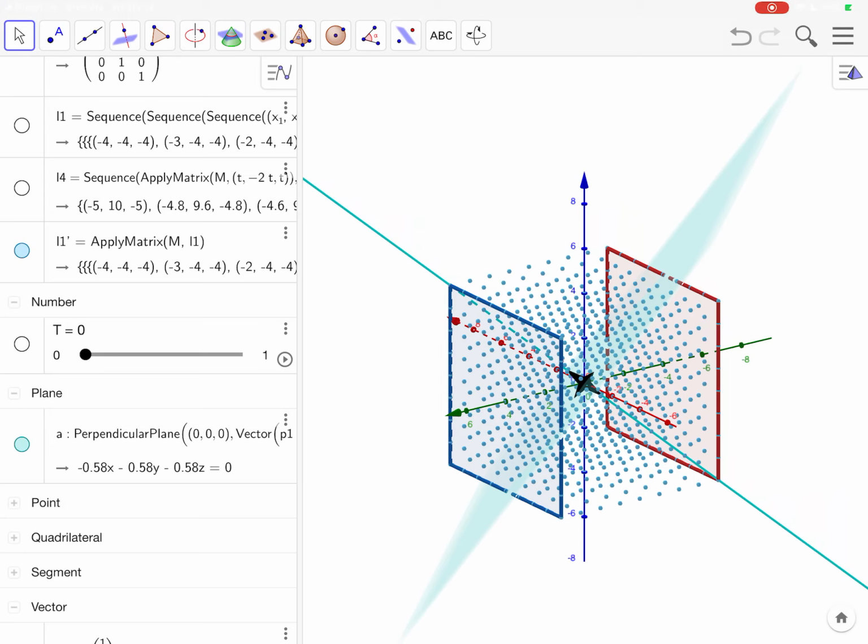And it's going to be really cool to see what happens in terms of all space. So I'm going to play this first. This time, just be paying attention to how all the dots move. How do the blue and the red squares move in space as this transformation goes on.